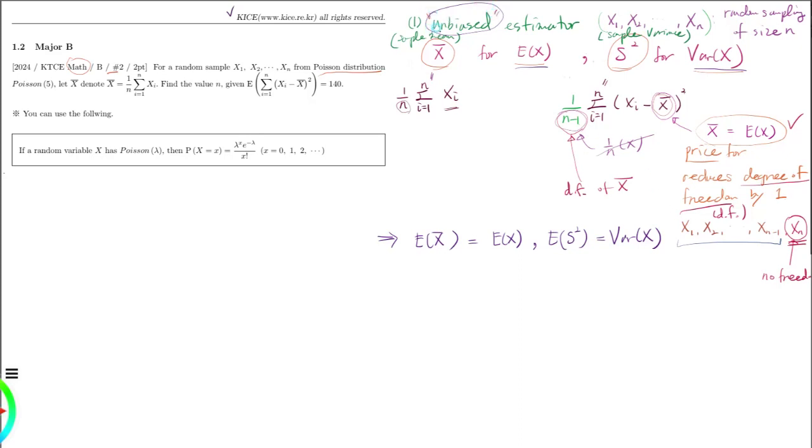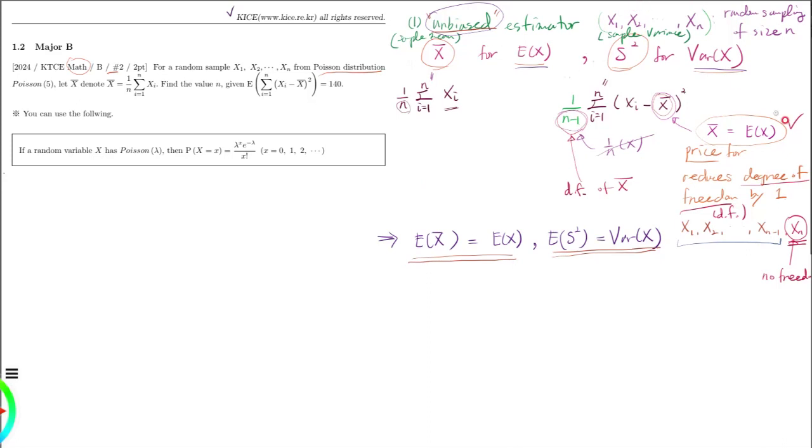If you have already known these facts, then life becomes simpler. However, if you didn't know this unbiased estimator fact, there's always a way of handling this problem. Let me introduce it later.